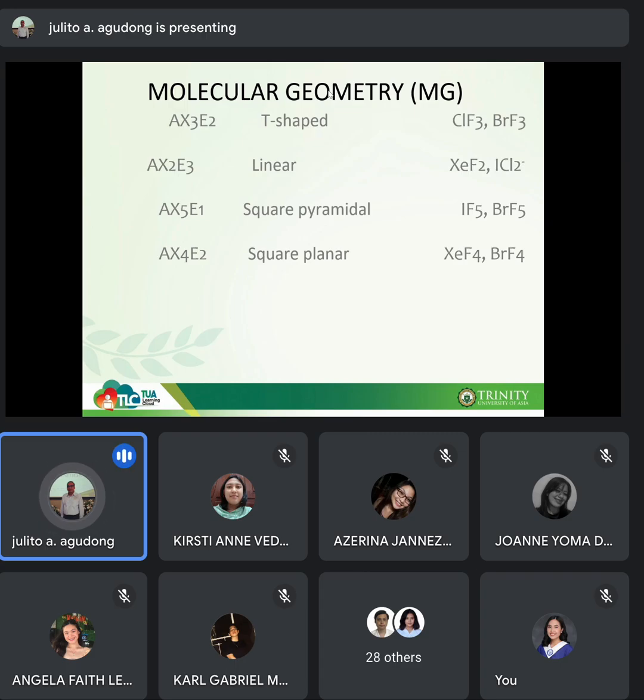You must remember that. So you get a linear molecular geometry. Molecules that exhibit such linear molecular geometry are your xenon difluoride and your iodine dichloride.